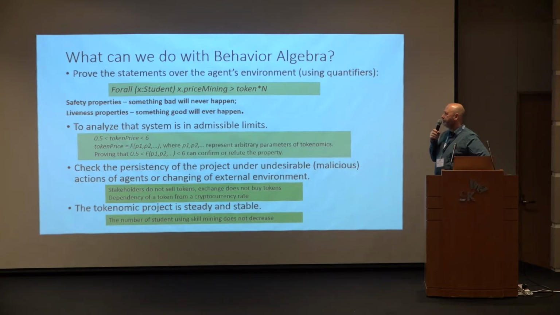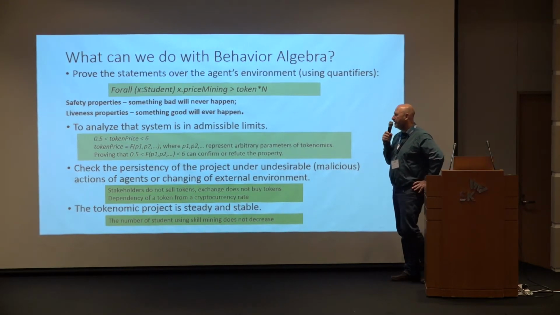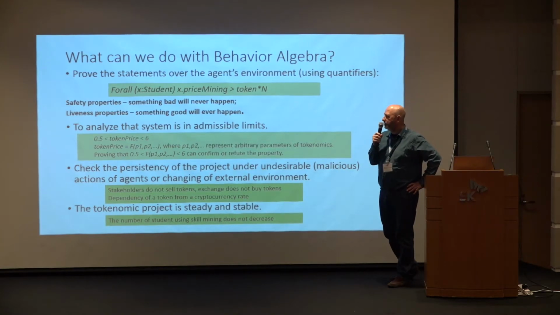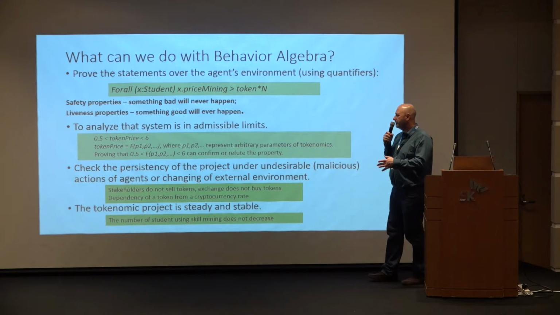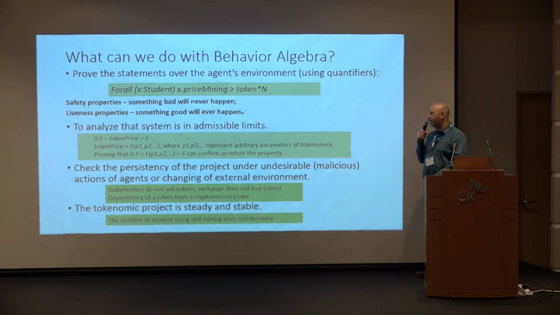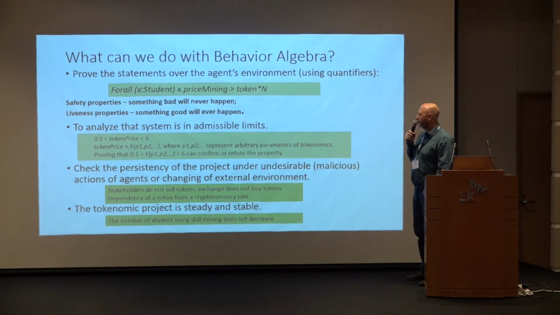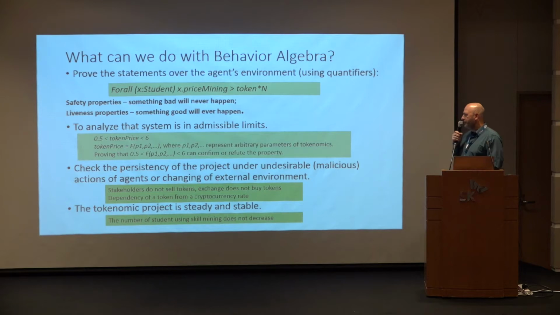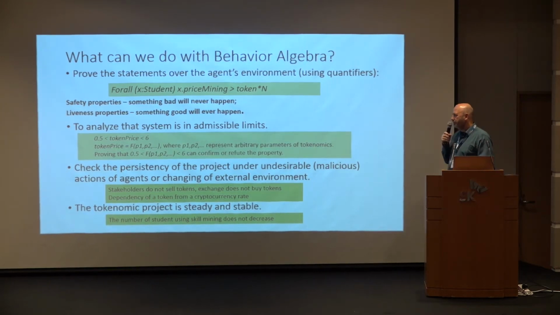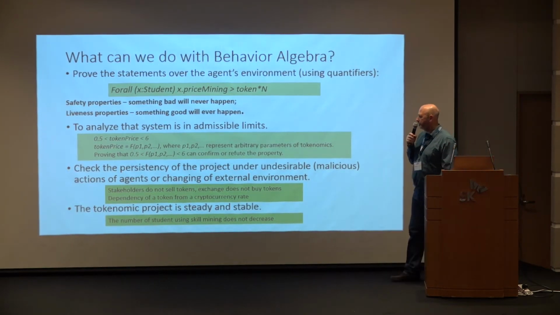Also in token economy, we can analyze whether the system reaches an inadmissible event. For example, consider that the token price should be in the interval that we would like for a successful project. So we can check the persistence of the project under undesirable or malicious action, or undesirable change of the external environment.